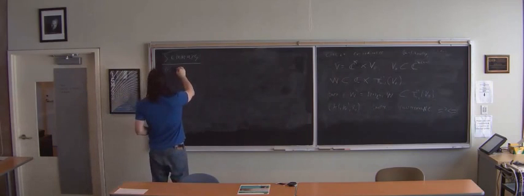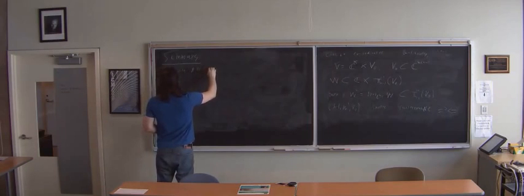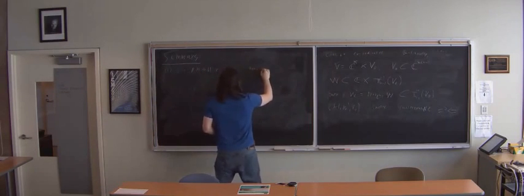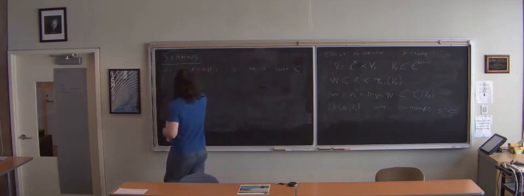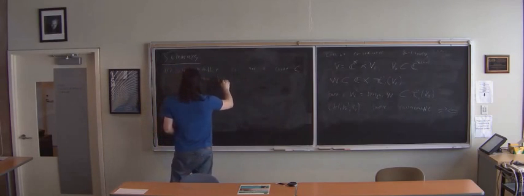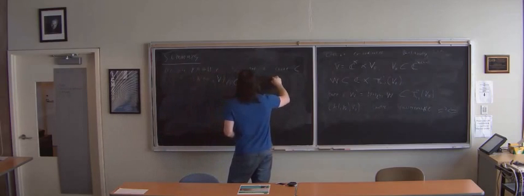So the first part, here's what's really going on in this proof. The first part is we use Peter-Wilke to get a curve C such that W plus C, V is a family of counterexamples.